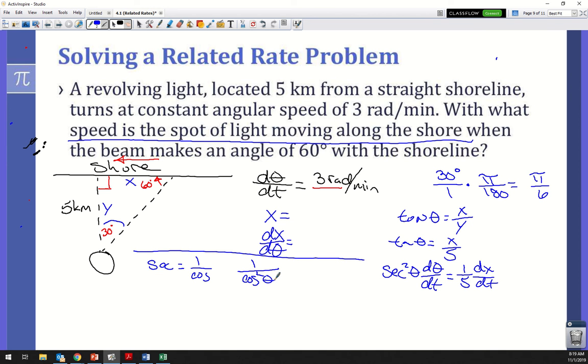It is a reciprocal identity. So I'm just going to flip over my rad 3 over 2. So it's going to be 2 over rad 3 squared times my d theta dt.